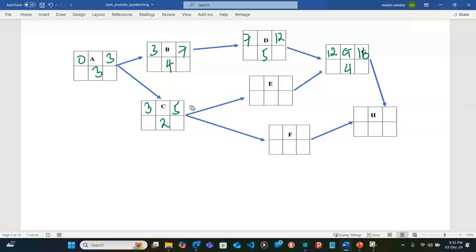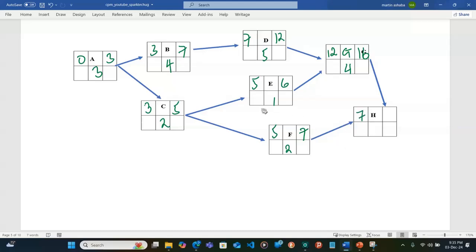And this one is determining E and F. So the earliest start time is going to be 5, and this is going to be 5 too. So E takes how many days? It takes 1 day, and this is going to be 6. This F takes 2 days, and this is going to be 7.